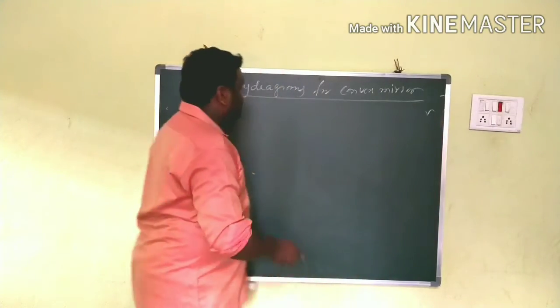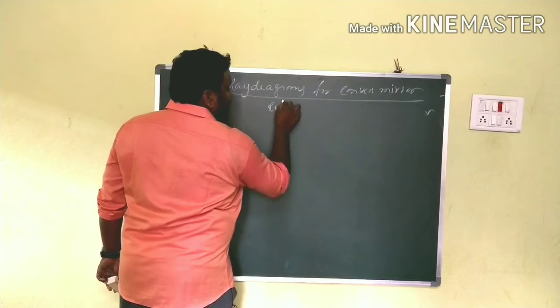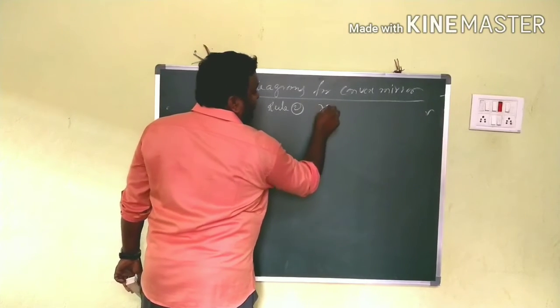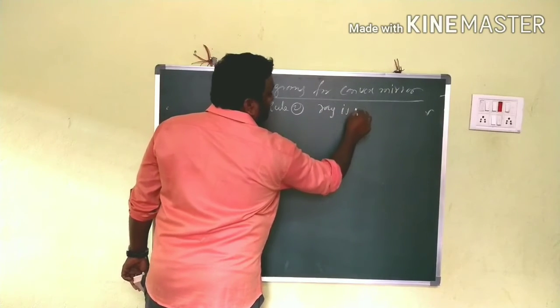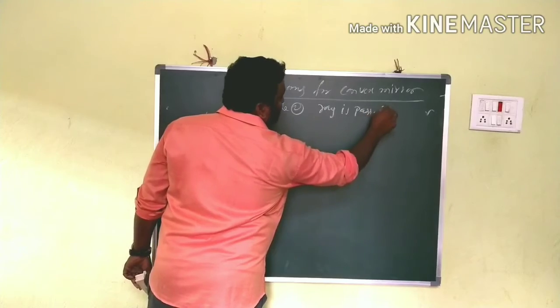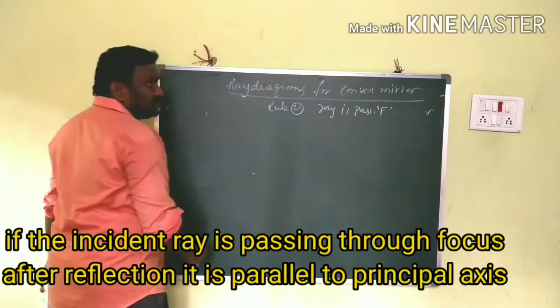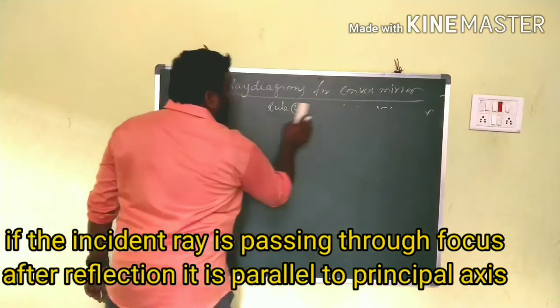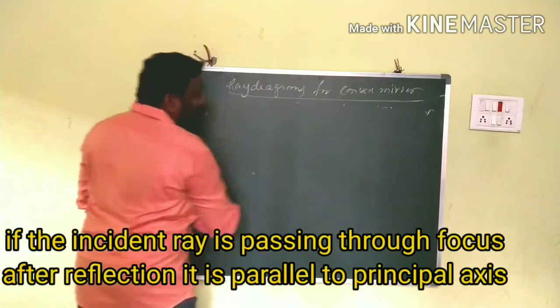Now rule number 2. What is that? A ray passes through the focus, and after reflection, that should be parallel to the principal axis.